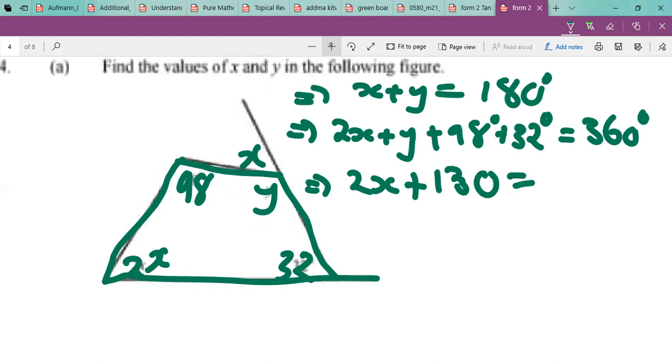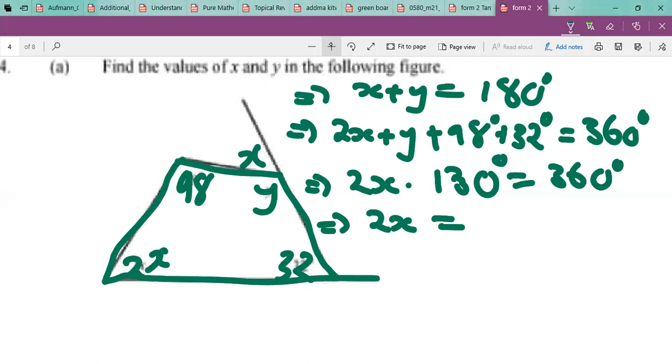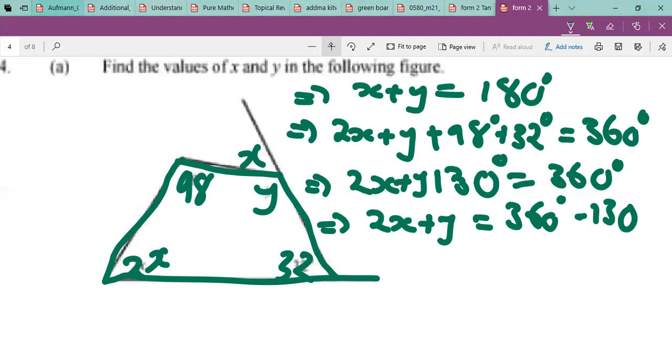This is equal to 360 degrees. So we have got 2x plus y being equal to 360 degrees minus 130 degrees.